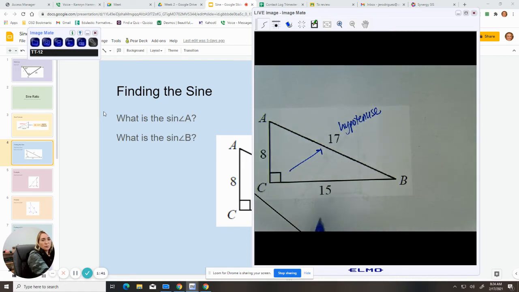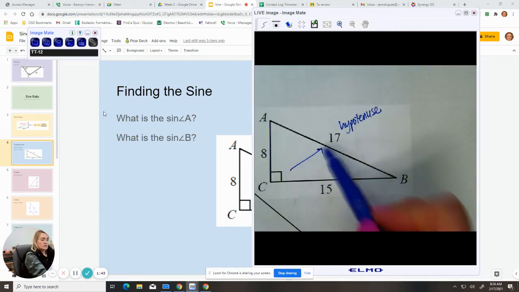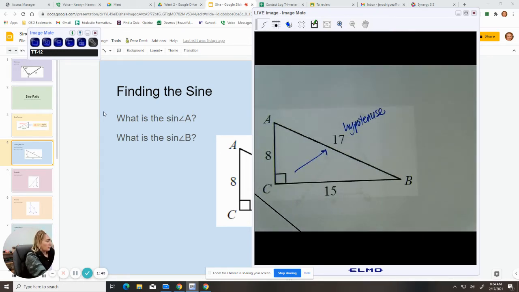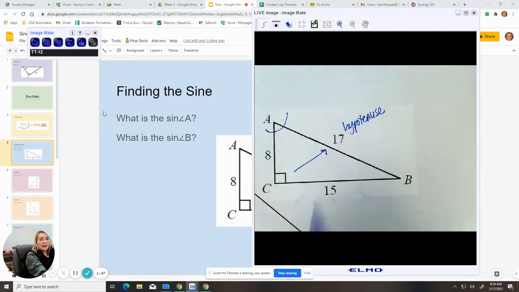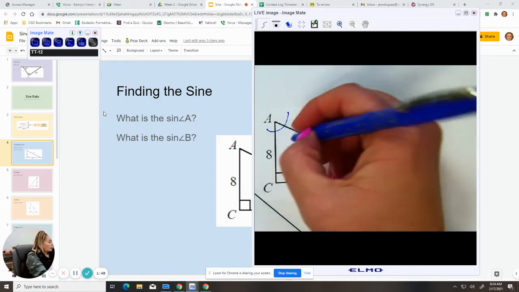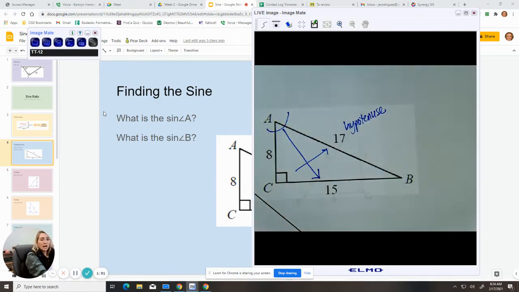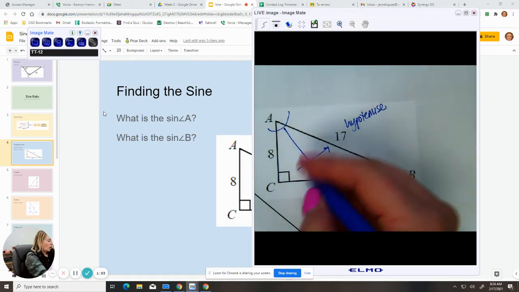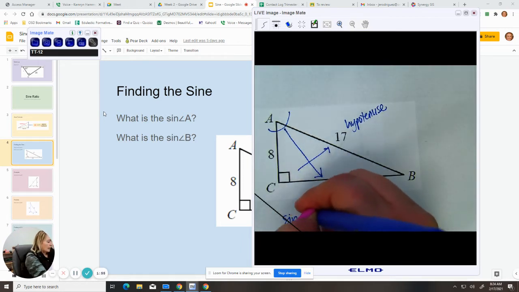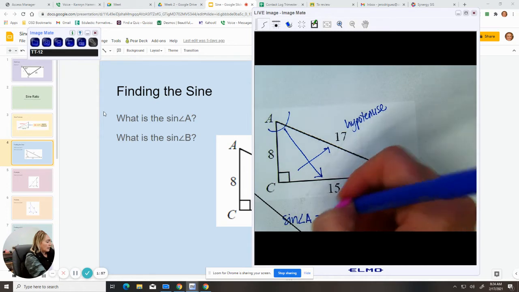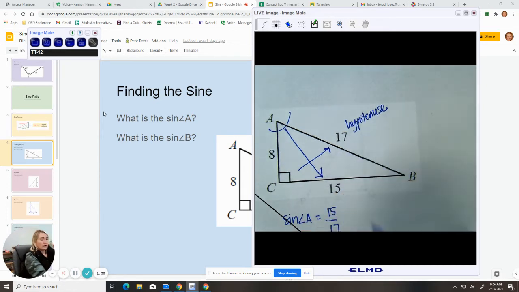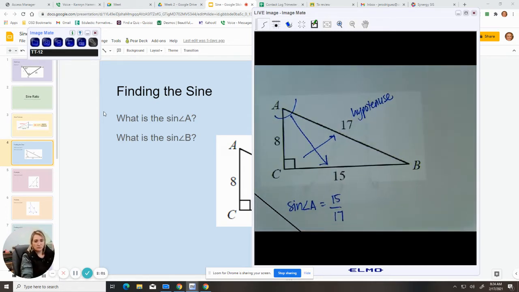So that's the first thing we always should identify. It's always across from the 90-degree angle. And then if we're looking at angle A, we're going to look opposite, so across from that. So our sine of angle A ratio would be the opposite over the hypotenuse.